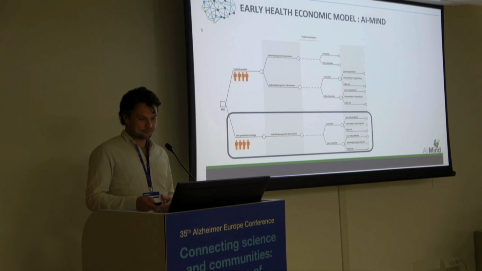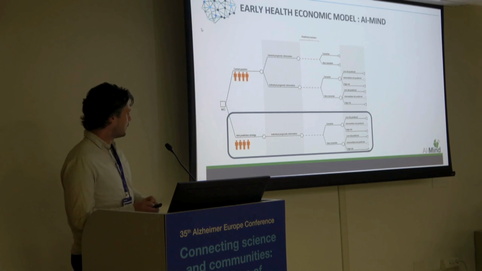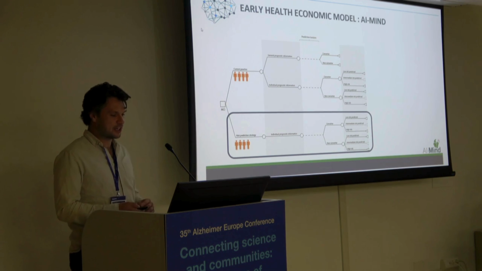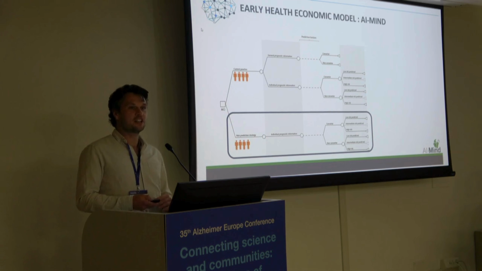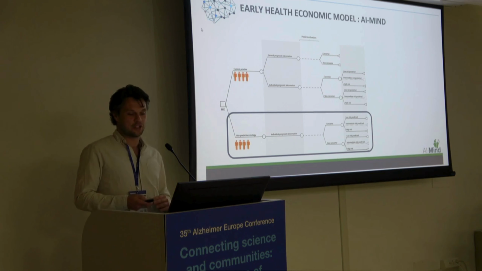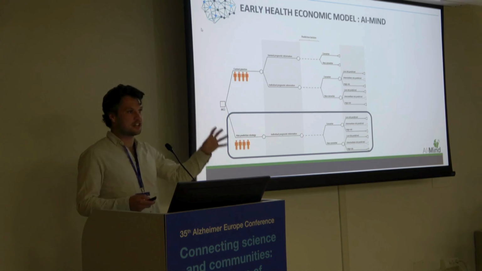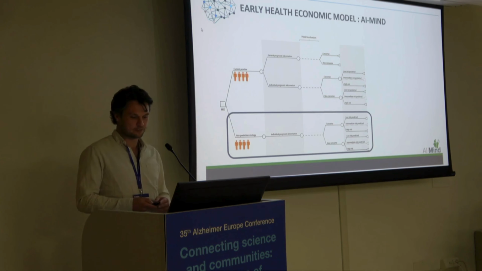And then we look into what we would change if we use a product like AI Mind. In this case, we are going to see if we can have individual prognostic information: which of the patients are likely to convert, and which of the patients are more likely not to be a converter from MCI to dementia later on.